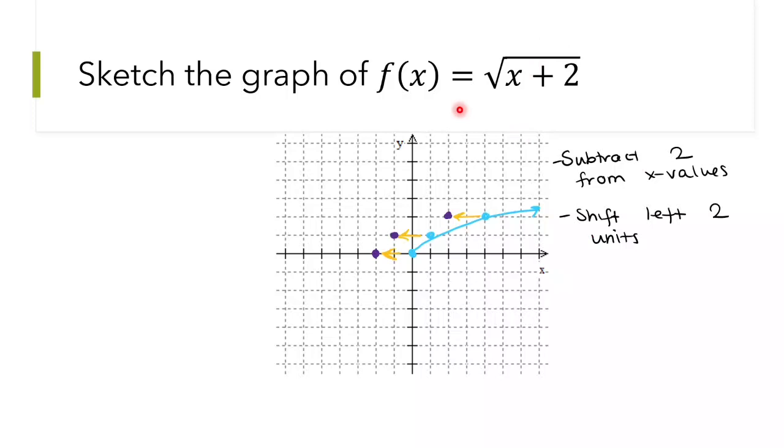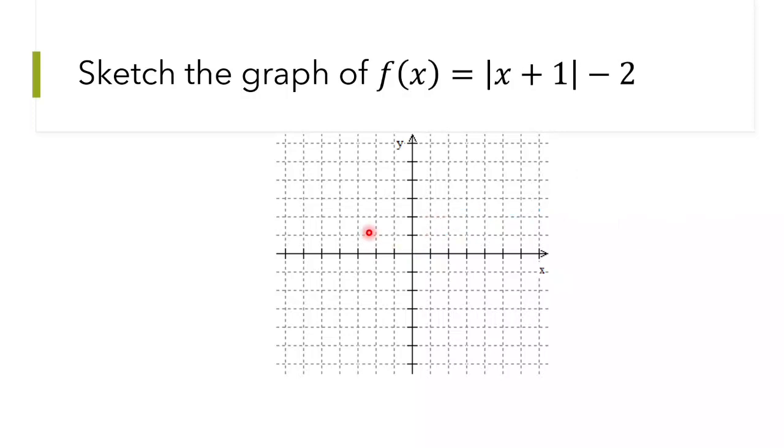And that's going to take this graph and shift it to the left 2 units. So I take each of the points I found, minus 2 from the x values. That just moves them to the left 2 units. And in purple is the graph of f of x equals the square root of x plus 2.